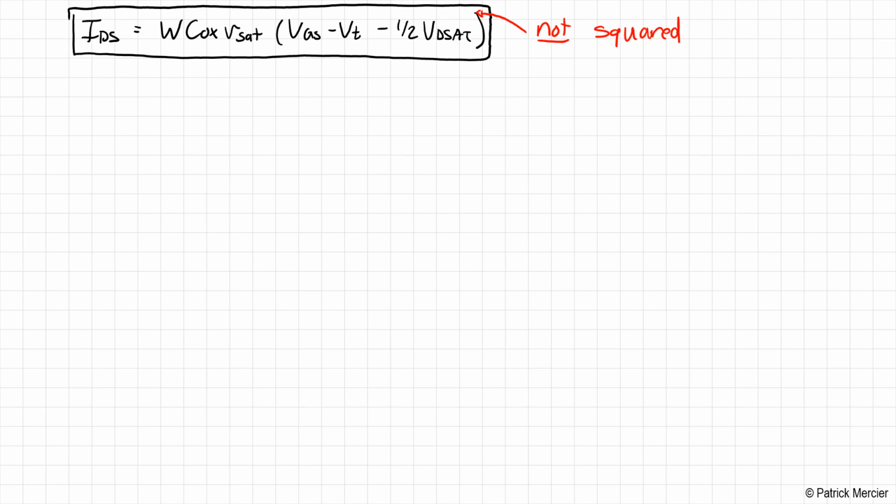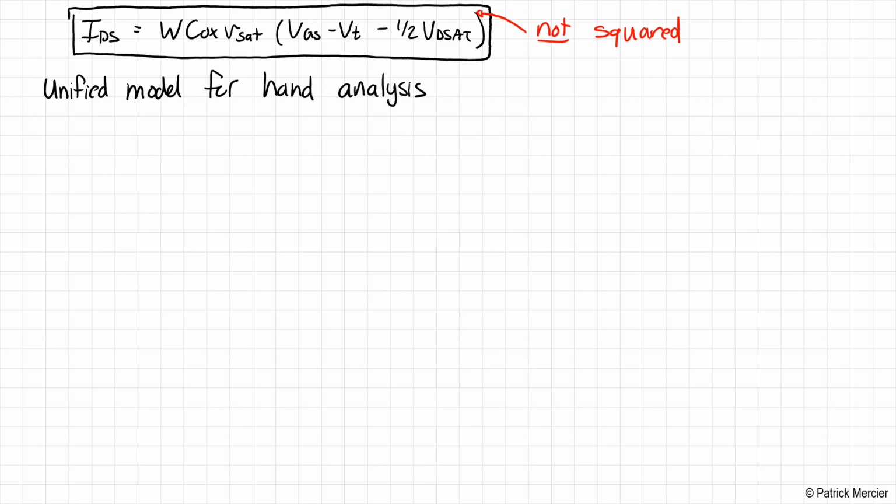Now this is a little bit of a clunky formula to carry around because there's no L, there's this saturated velocity parameter in here. So what I'd like to do, and I'm going to deviate a little bit from the West and Harris book in this case, is I'm going to introduce a unified model for hand analysis.